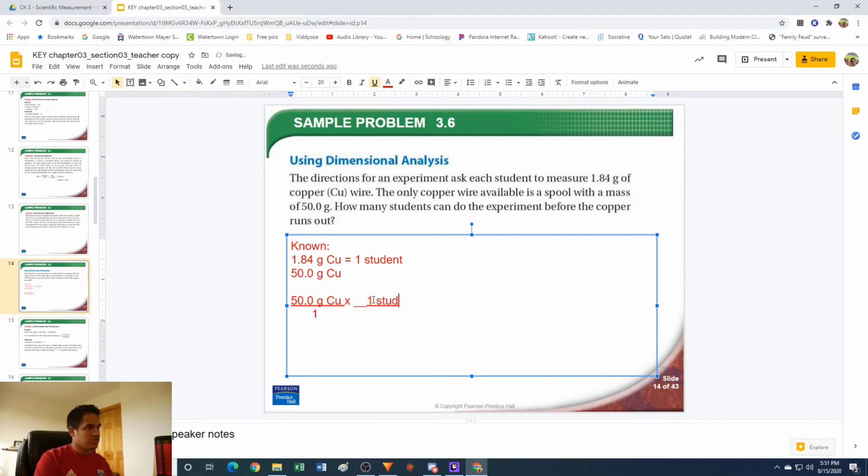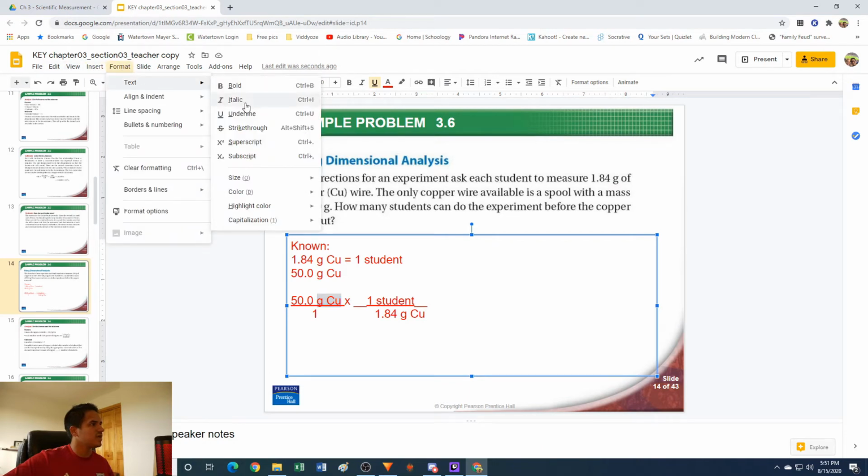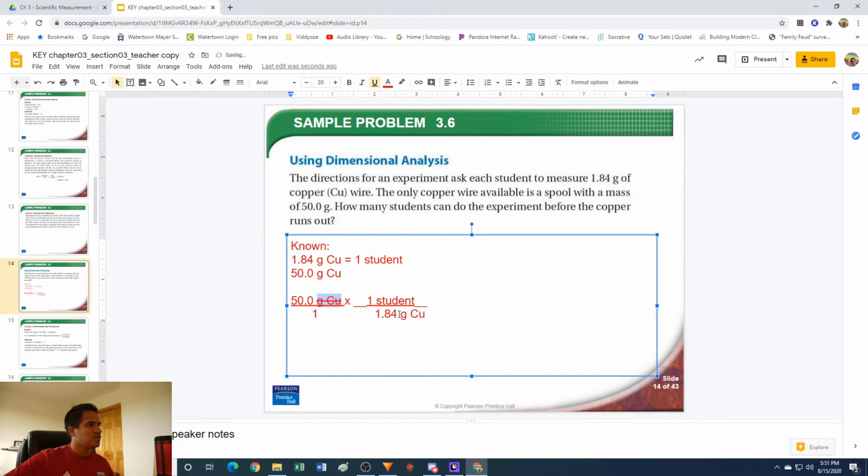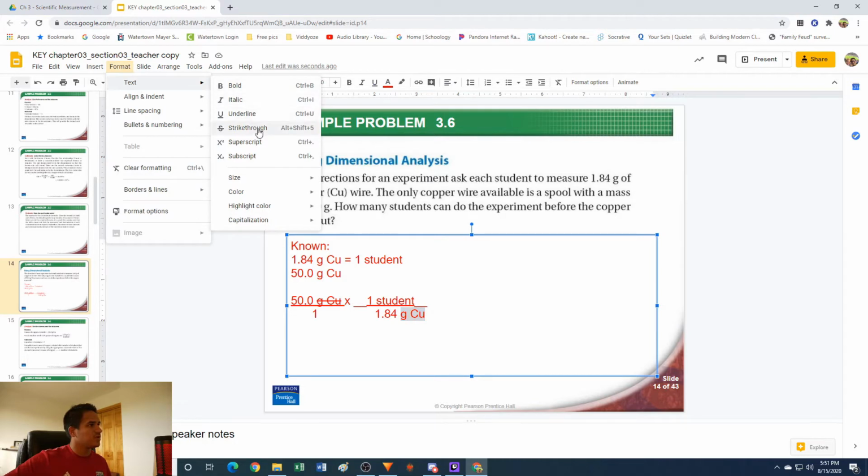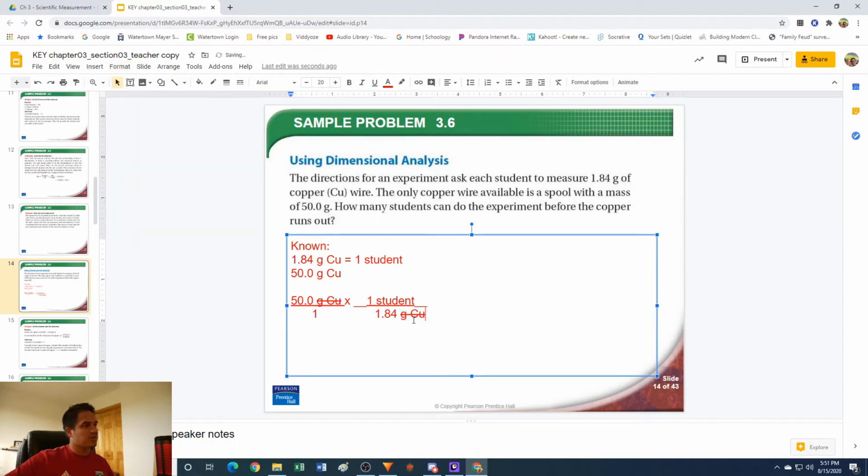So we're going to have it as 1 student, like this, and 1.84 grams of copper on the bottom, so that grams of copper here, and let's go format, text, strike through. Grams of copper there will cancel out with grams of copper here. Okay, so grams of copper, those two units will cancel out. And once those units cancel out, our final answer will be in some number of students.